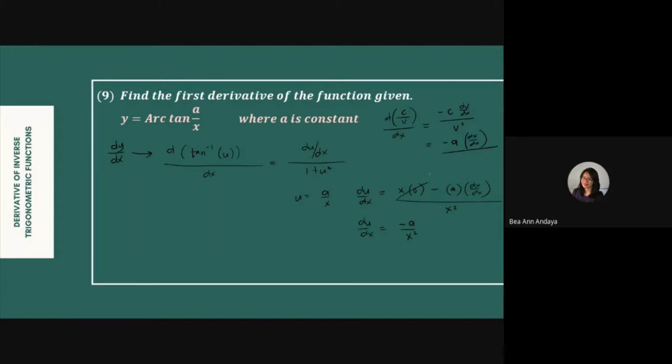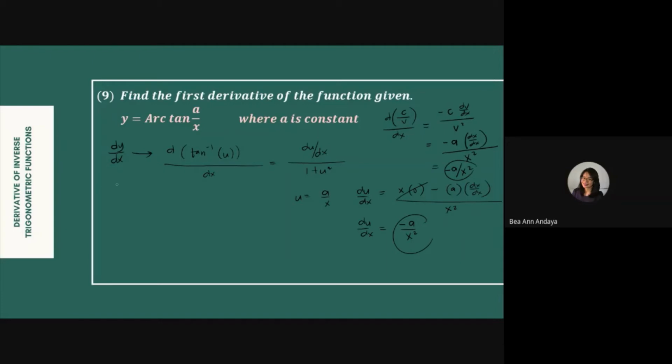And then our denominator is v squared, so square lang natin yung x. Or that is basically the same with negative a divided by x squared, which is this one. So, same lang yan. Sabi ko nga noong dati pa, ang derivative ng constant divided by a function is just a derivation from the original quotient rule formula.